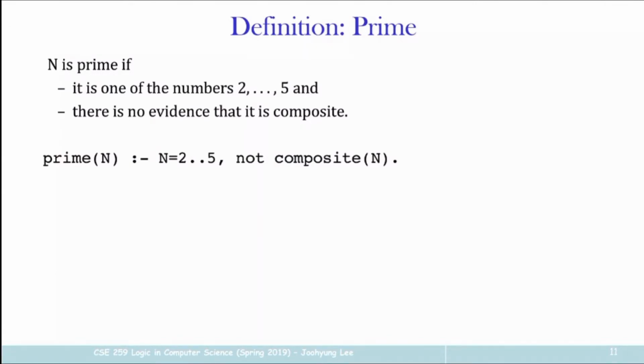We didn't define composite yet. We are going to do that based on what was just described. But if you look at the English statement, this is what we can write: n is a prime if n is between 2 and 5 inclusive and is not a composite number. So look at this. This English description is more or less one-to-one translated into this rule.